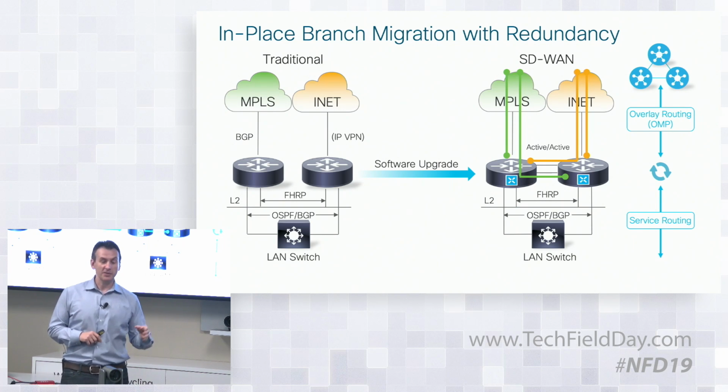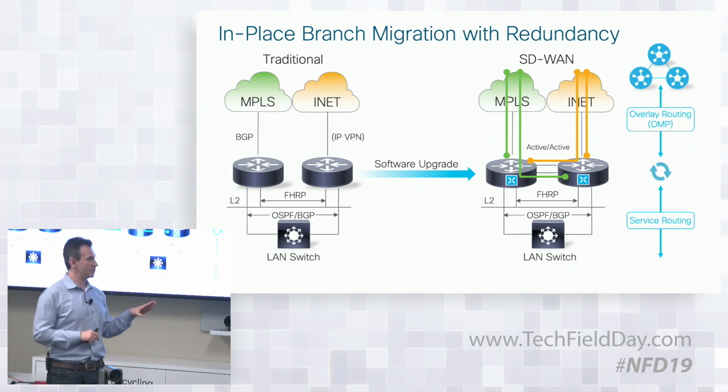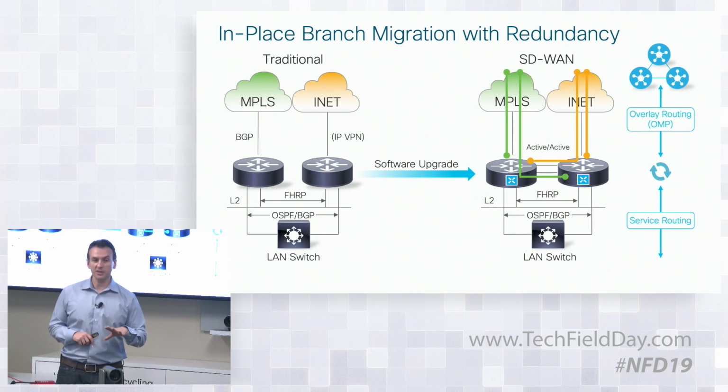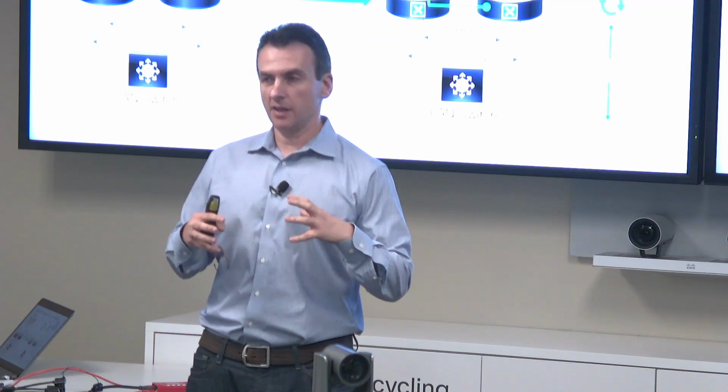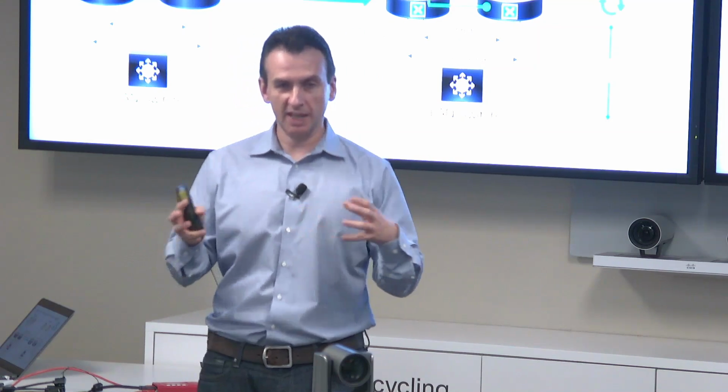There are design scenarios, which unfortunately we don't have time to talk about, that are more complicated and actually run the SD-WAN and non-SD-WAN intelligence at the same time. So you can have both worlds, and you can ask: was that successful? Was it not successful?